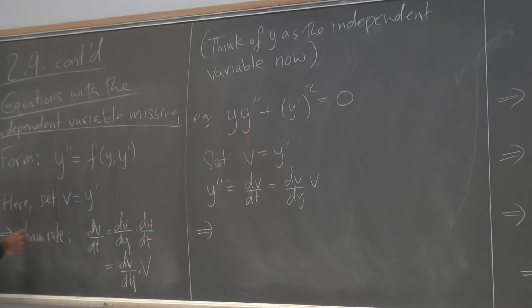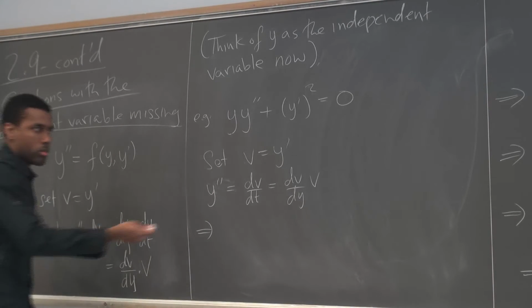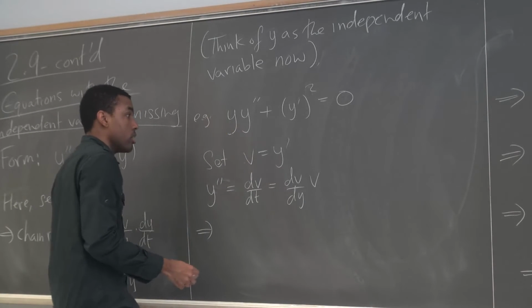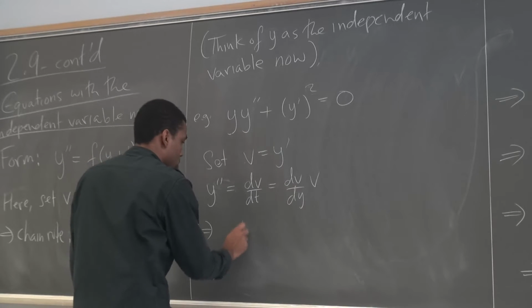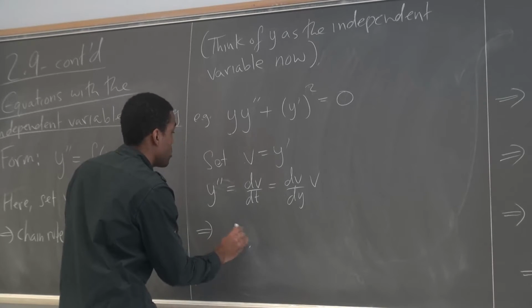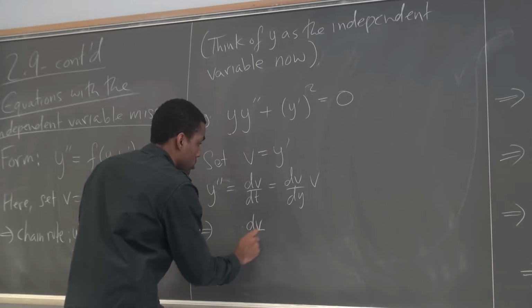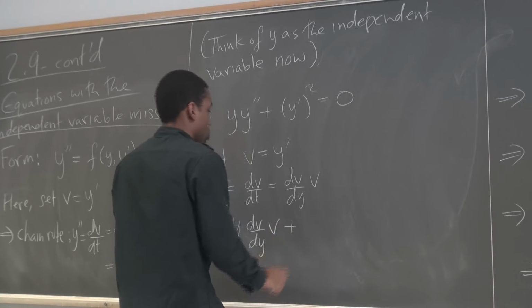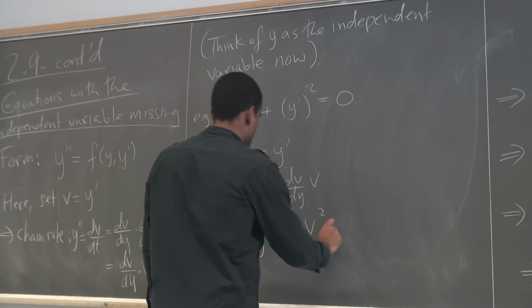Right? Forgot to mention that. I just took the derivative. Okay, so now I can start to plug these guys in. And so here, I have, instead of y double prime, I have dv dy times v. Y prime is v squared.